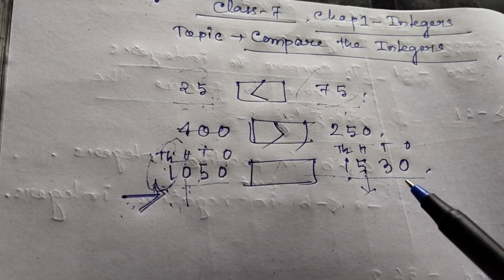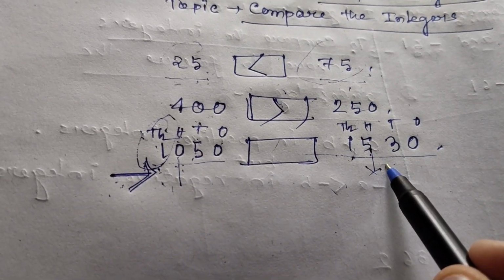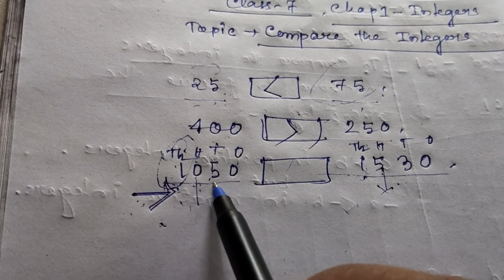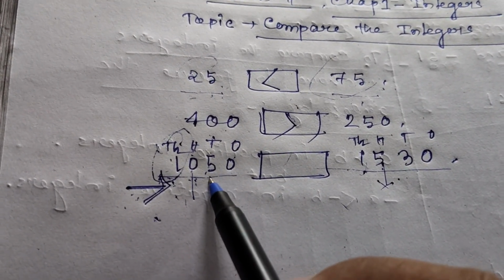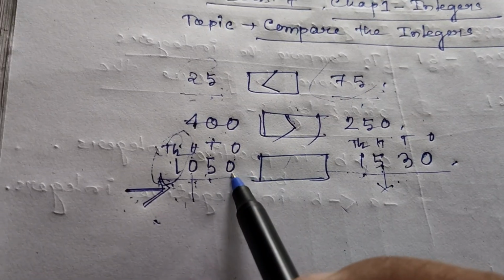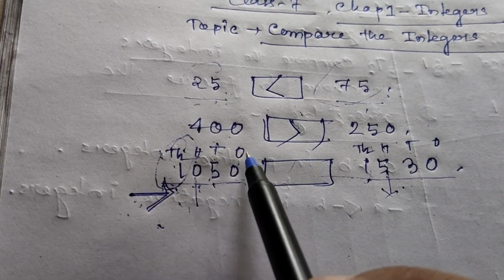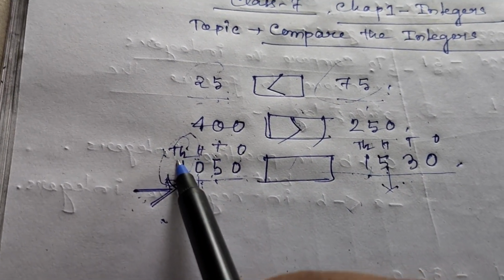Let's take another example, which is 1050 and 1530. How to compare, students? We can place their place values. In 1050, this is ones, this is tens, this is hundreds, and this is thousands.